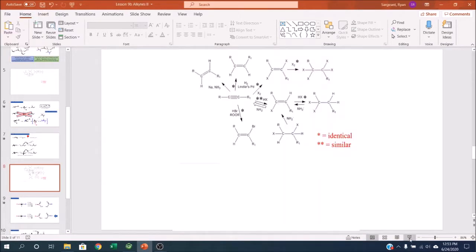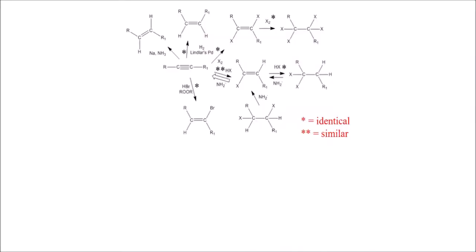Let's stop again and think about what we've learned so far. So these first 3 reactions were the ones that I kind of paused and looked at a second ago. If we go from the alkyne using specifically hydrobromic acid in the presence of peroxy radical initiators, then in a mechanism that was identical to what we saw with alkenes, we end up putting a bromine at the anti-Markovnikov position.